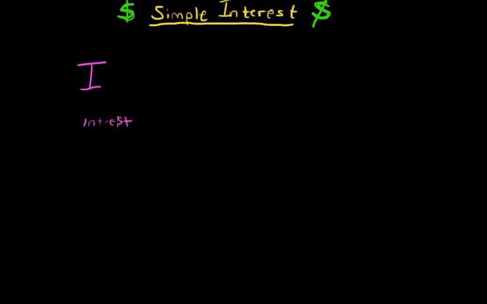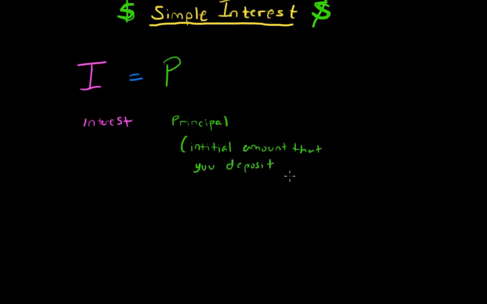So I is interest, and this is going to equal P. P stands for the principal. Not like the principal of the school, but principal is the initial amount that you deposit or put in the bank. Think of it as the starting amount.